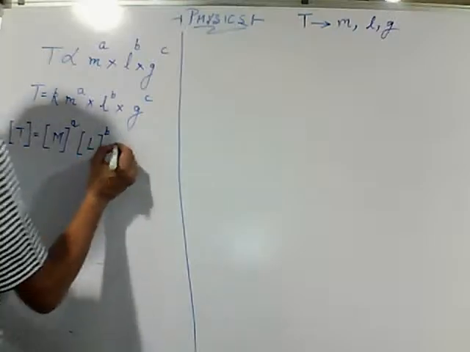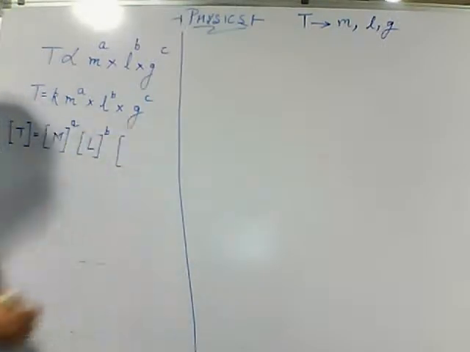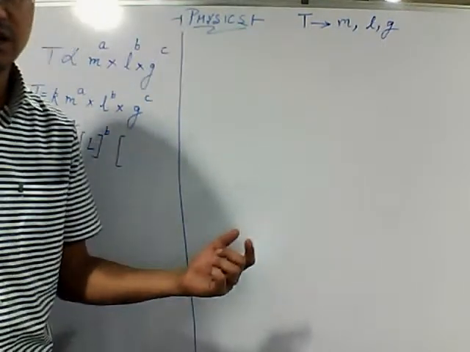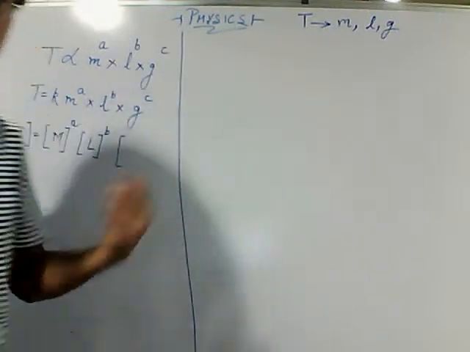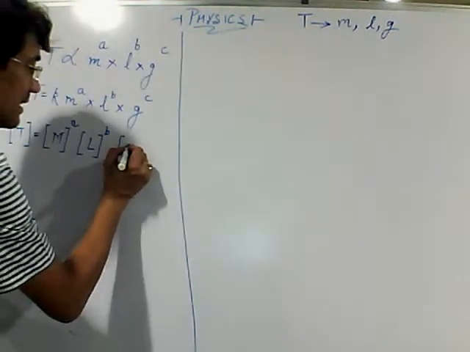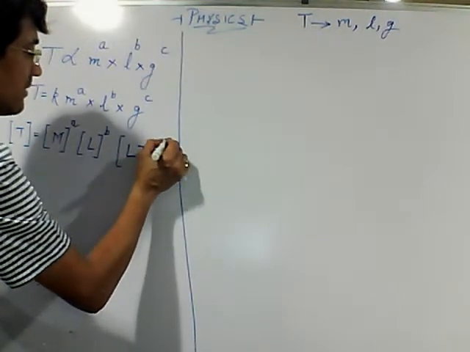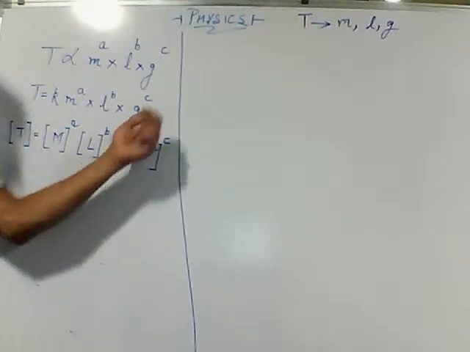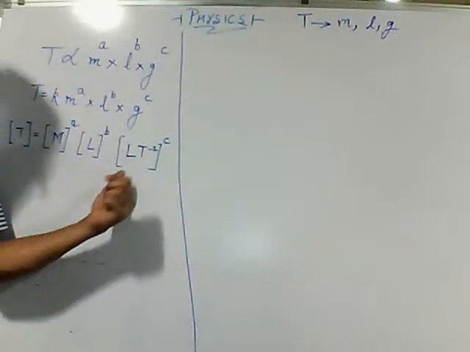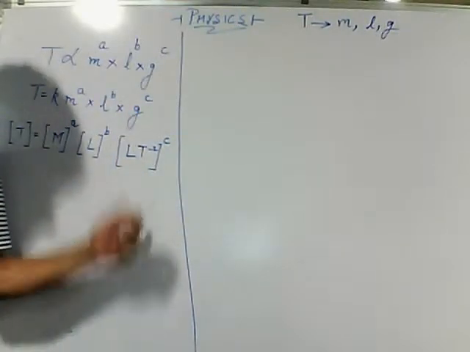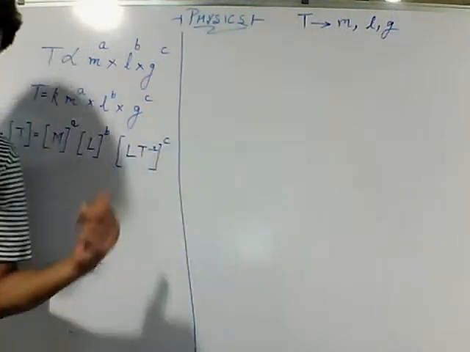And now again, acceleration due to gravity. So what is acceleration due to gravity? Acceleration is meters per second square. Meters is length, upon time squared. So it would become L T minus 2, whole power c.